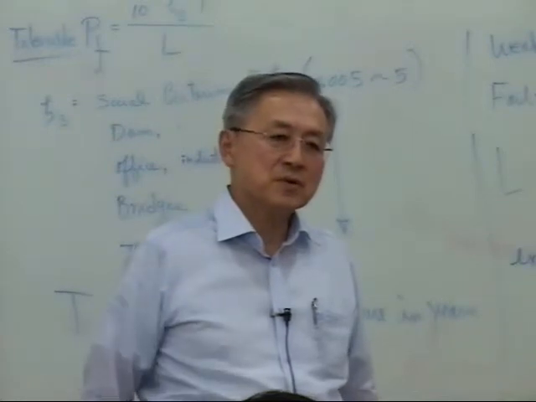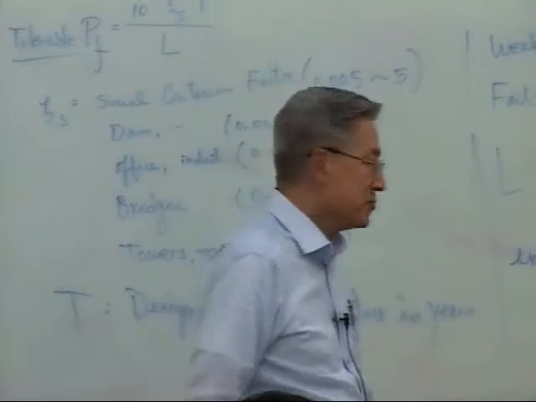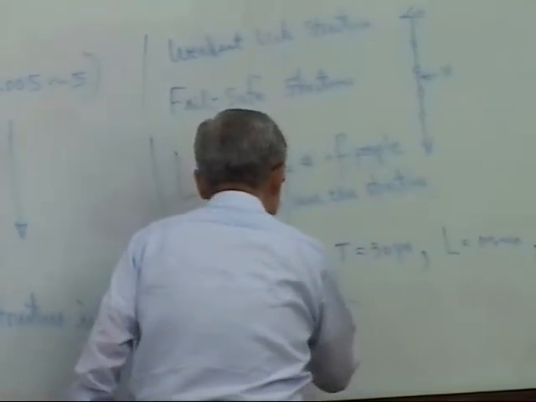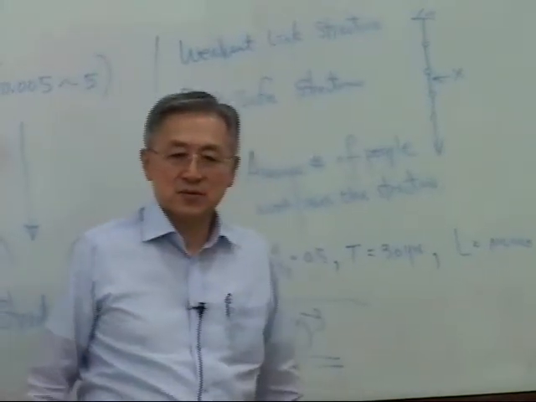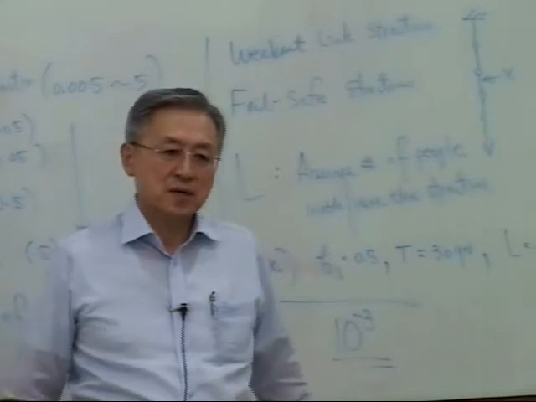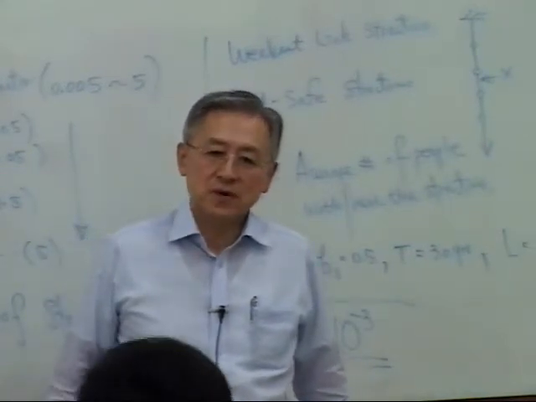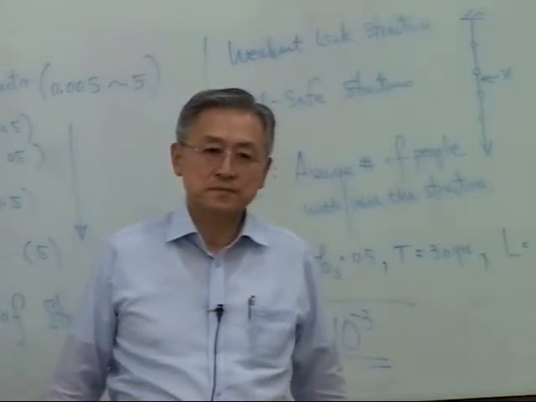Usually when you deal with the probability of failure for human life, you are dealing with roughly 10 to the minus third power, then you're okay. That's really the tolerable probability of failure for life. Much lower.